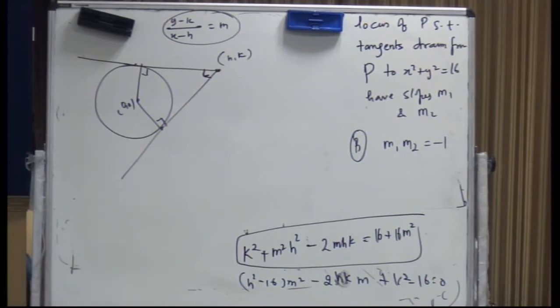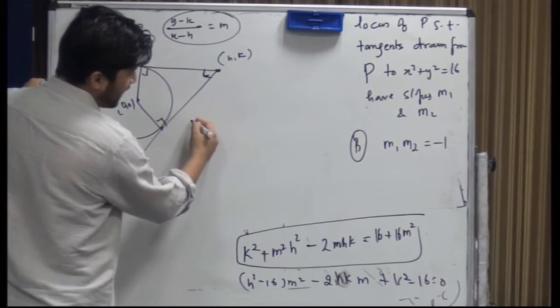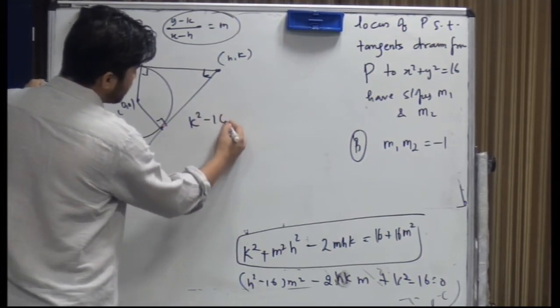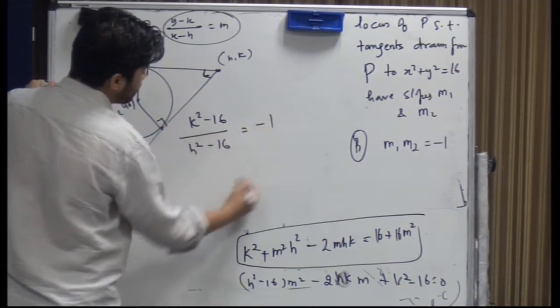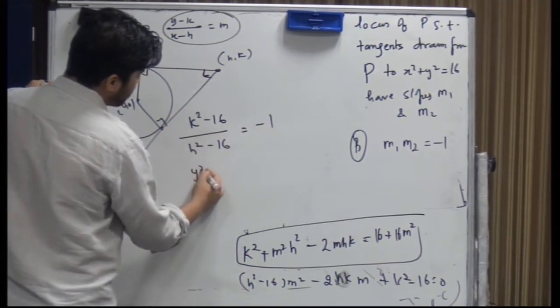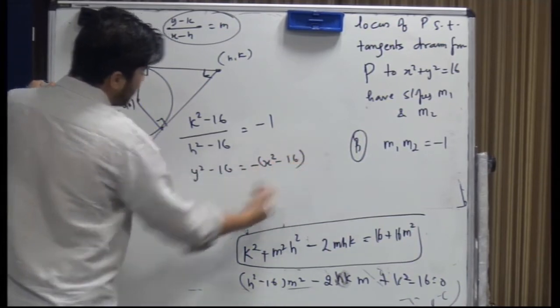Now, what is the thing? m1 into m2 is minus 1, which means the product of roots is minus 1. What is the product of roots? k square minus 16 upon h square minus 16 is equal to minus 1, which means y square minus 16 is minus x square minus 16, right?